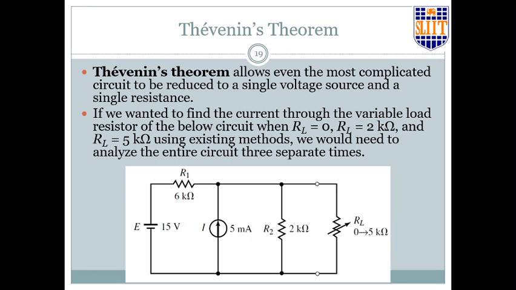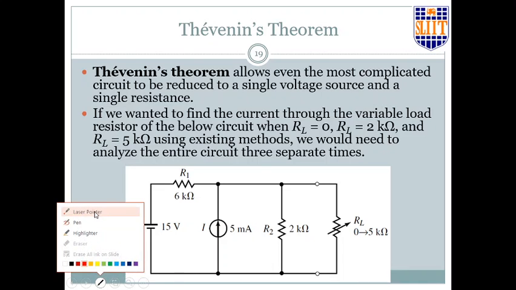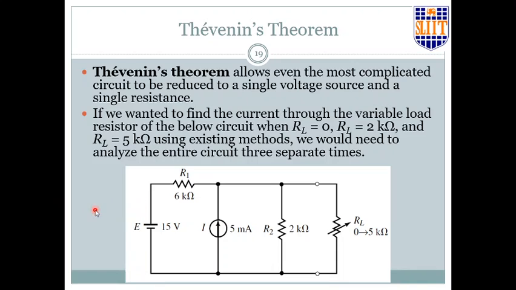Now the next is the Thevenin's theorem. Now in this case, in this example, let's look at the theorem a little bit later on. If you want to find out the current through or the voltage across this RL at different RL values, you can see that the RL is a variable resistor and you want to find the current through RL or the voltage across RL at different RL values, as you can see here.